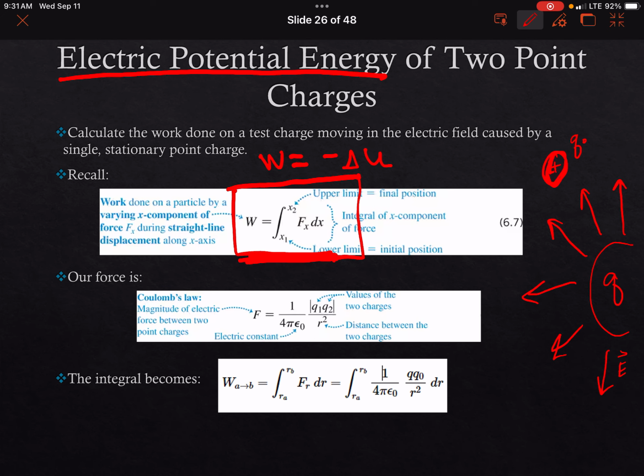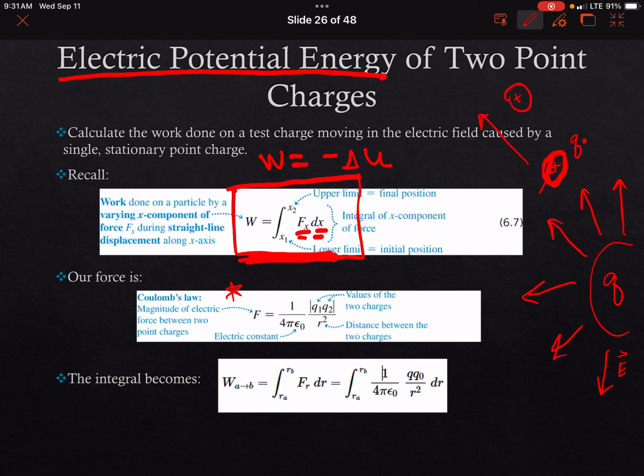So right from chapter 6, we learned that the work done by a non-uniform force in the direction of its displacement is the integral of F dx. So we are moving this charge from one location to another location in this direction. The direction is arbitrary here. The force that this test charge Q naught feels is given by Coulomb's law, which we know.